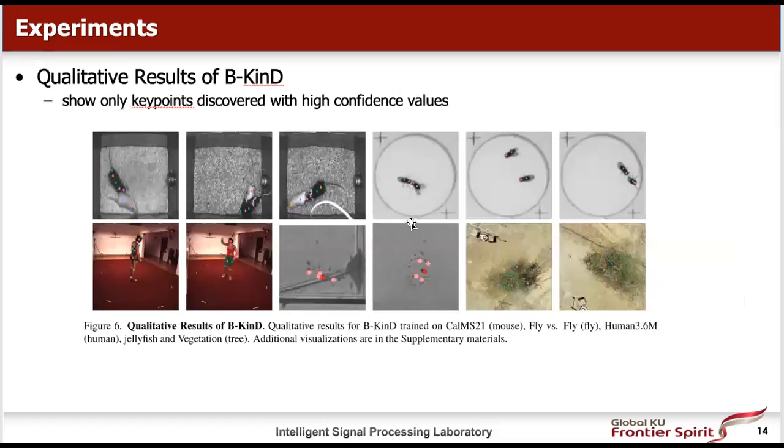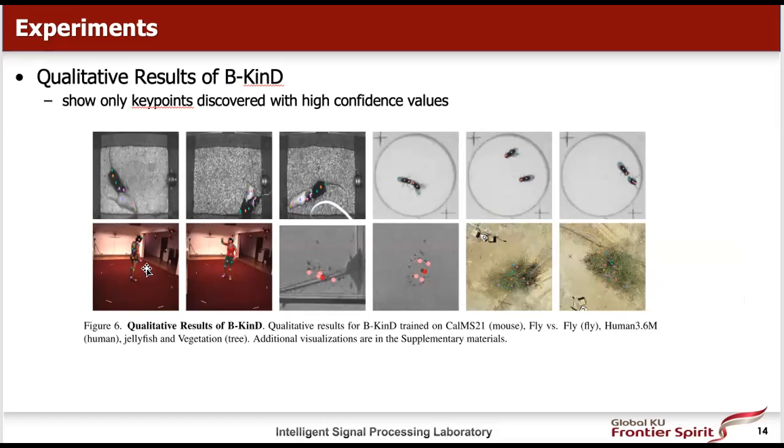And here are also some qualitative results of the proposed methods. In the figure we have shown some key points discovered by the proposed method, and we just show the key points discovered with high confidence values.